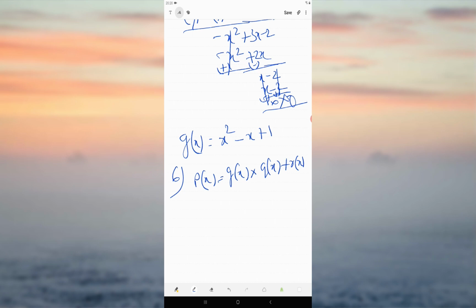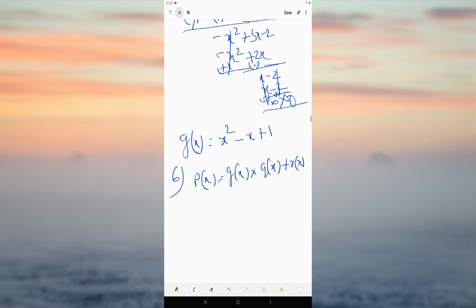What he is telling is that the degree of the quotient will be equal to the degree of the dividend when the divisor is a constant. So we are dividing some dividend by a divisor which is a constant. Correct?